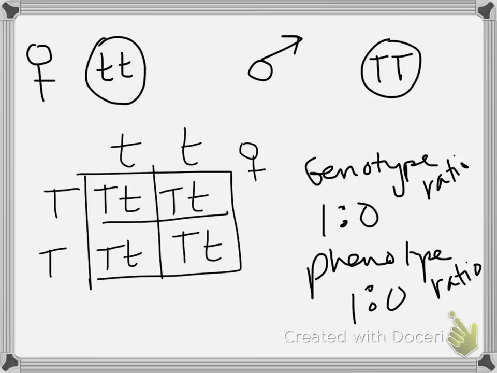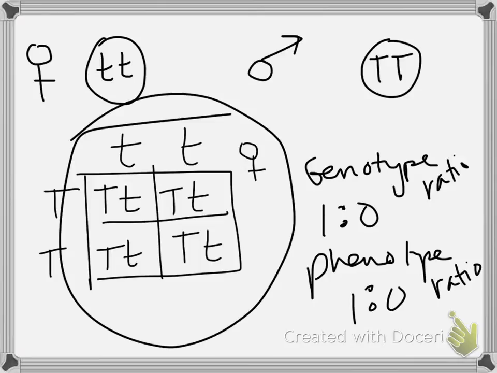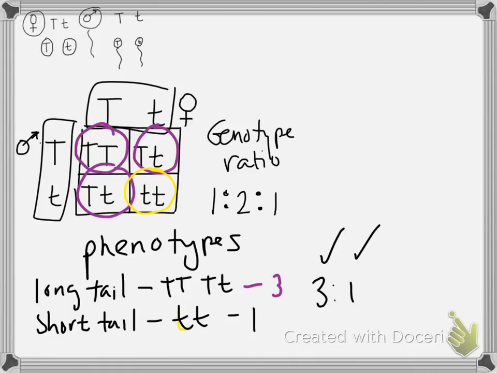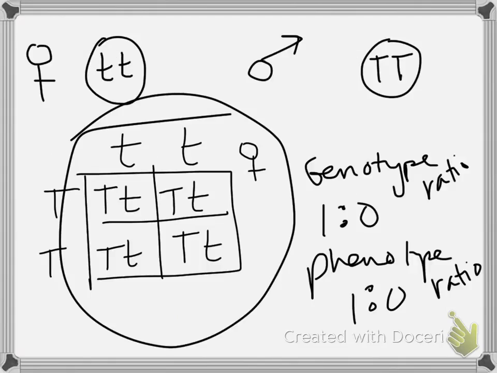If in fact they are purebreds, what you would see in their offspring would be uniform. They should look like the dominant characteristic. If you then take these guys and breed them, well, then you're back to here, and you should see a 3-to-1 ratio in phenotypes. So it would be a way to prove that those mice were purebred or not.